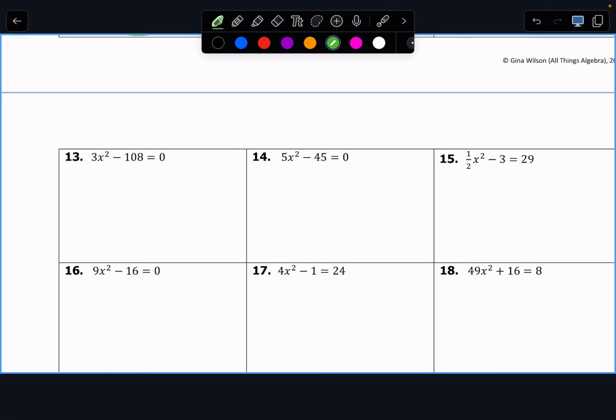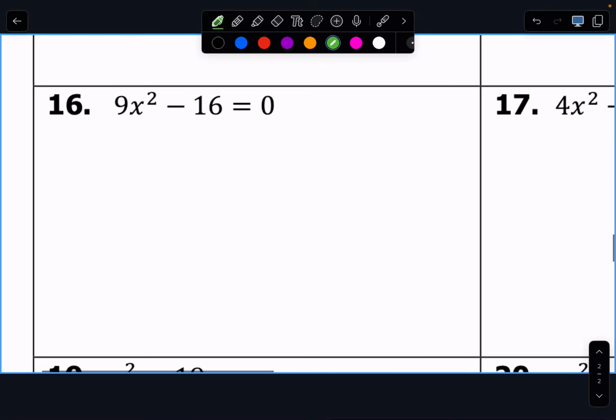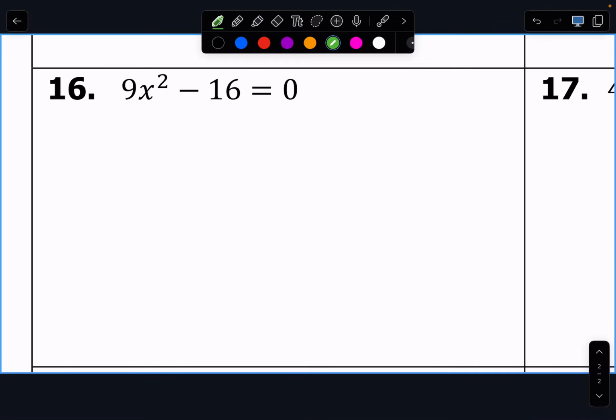Okay, so far we have been very fortunate that all of our numbers have been super nice, right? Okay, let's look at number 16. Now, I'll say they're still nice numbers, but let's just talk about what happens when we get a fraction, okay? Yes, I know, we could factor this one.